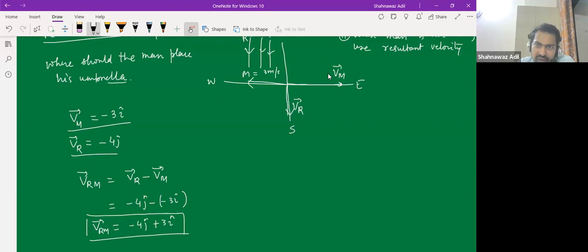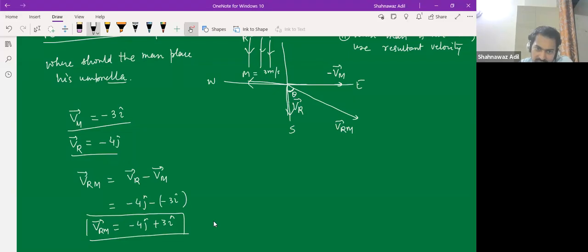Then you take this direction. So this is your relative velocity, VRM. And then this is the theta that it is making.